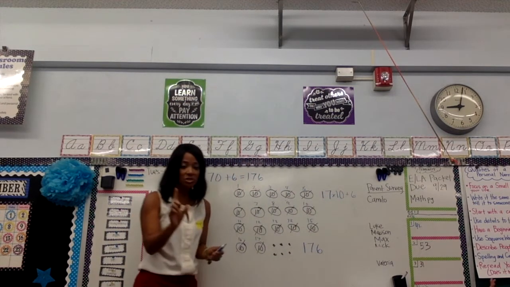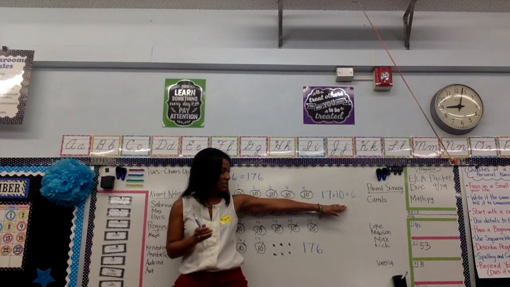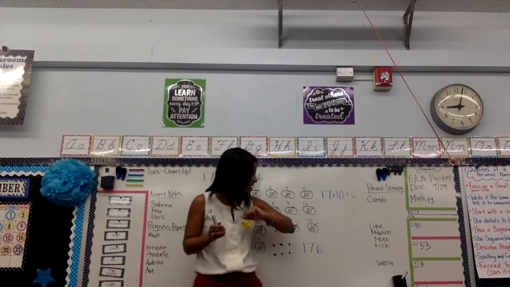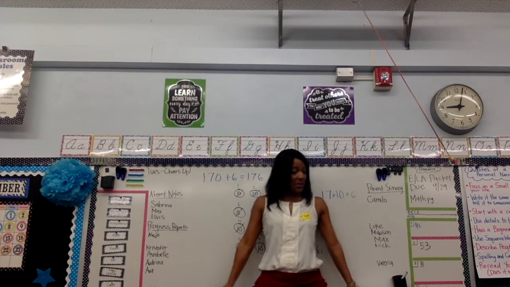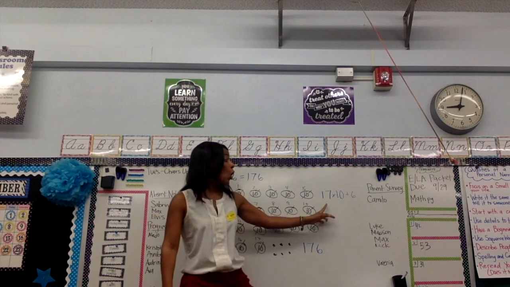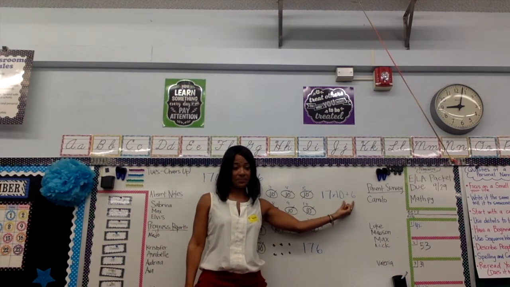All right, I want to talk to you about something very important right here. Look at this expression we have. Now, somebody who wasn't in the room with us and couldn't see this picture might look at this expression and say, oh, 17 times 16.